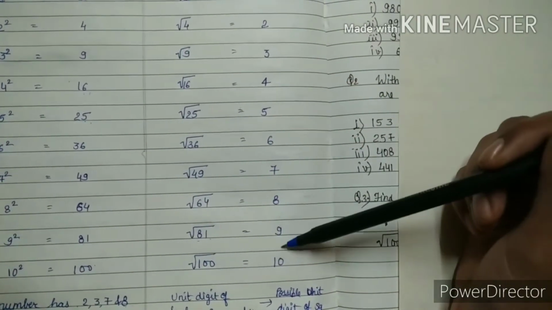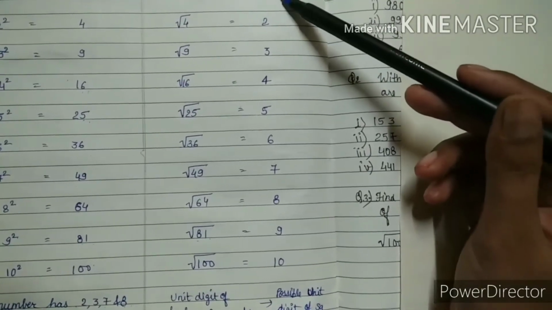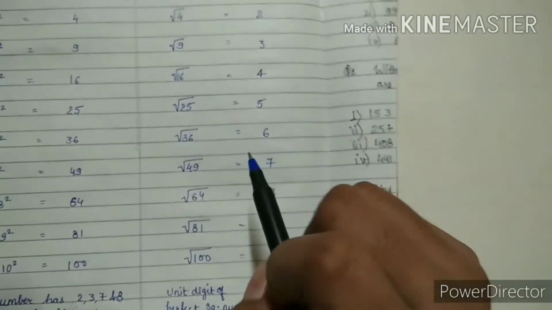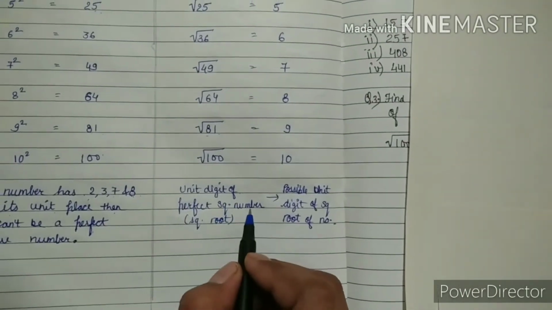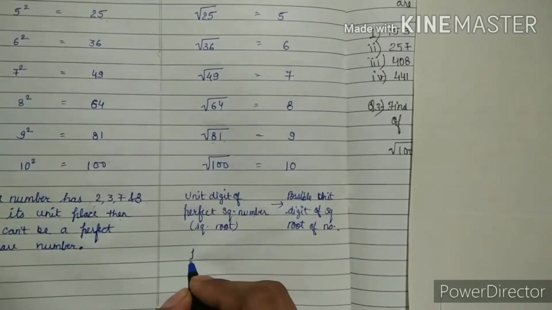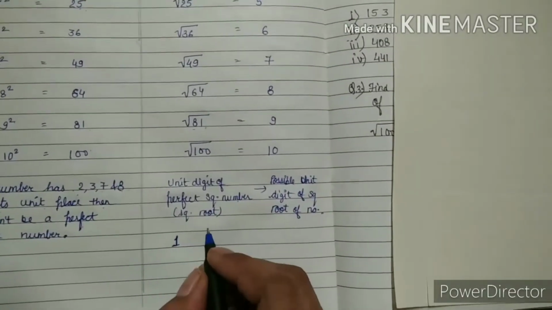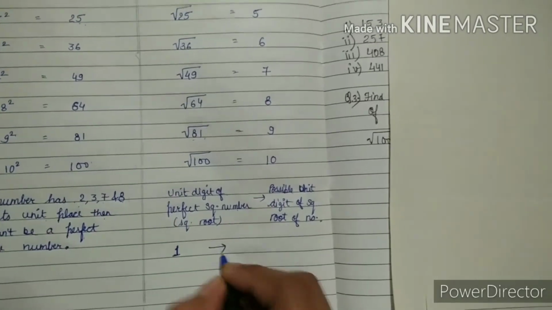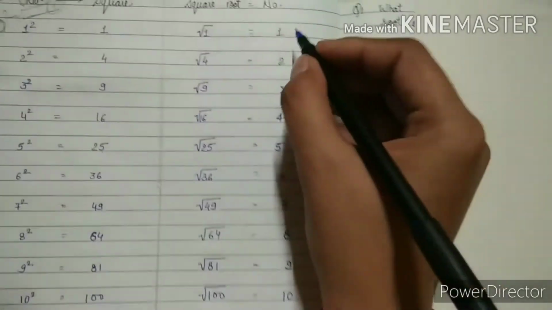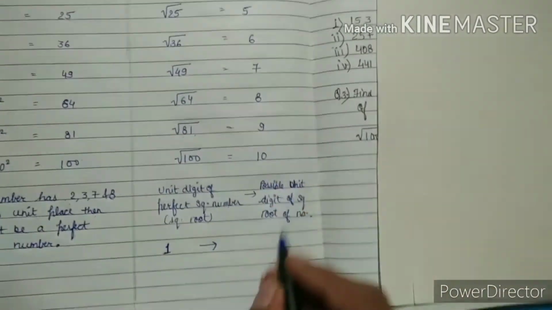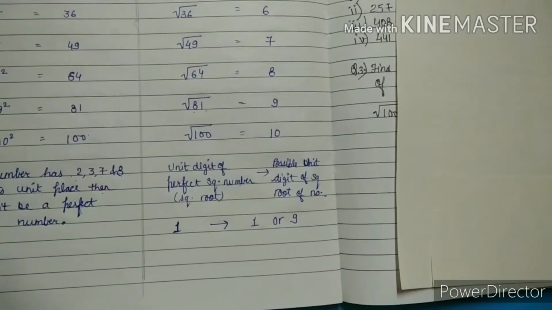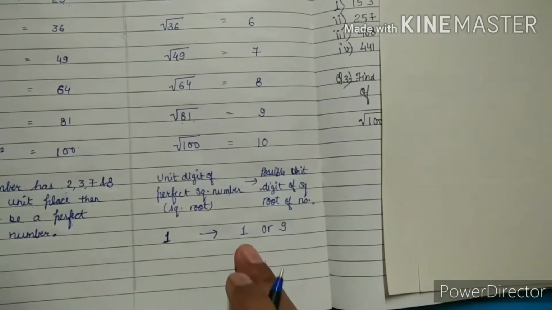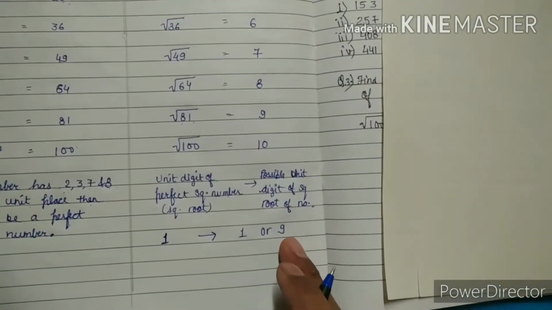We have to check whether 9 is correct or 1 is correct, but one of 1 and 9 is absolutely correct. So when the perfect square number has unit digit 1, the square root can have unit digit 1 or 9.